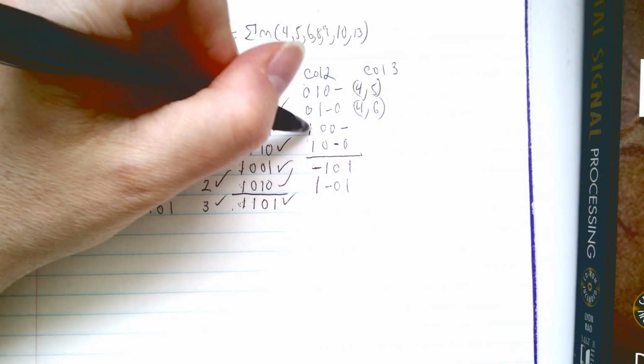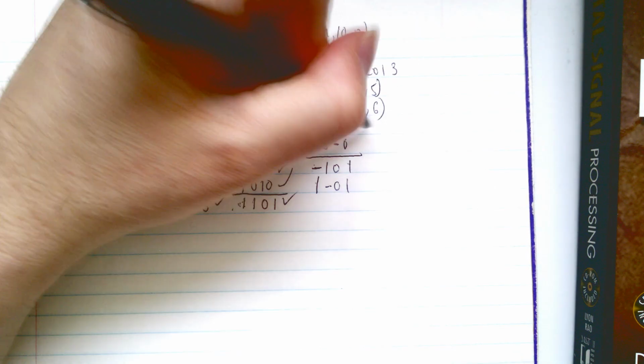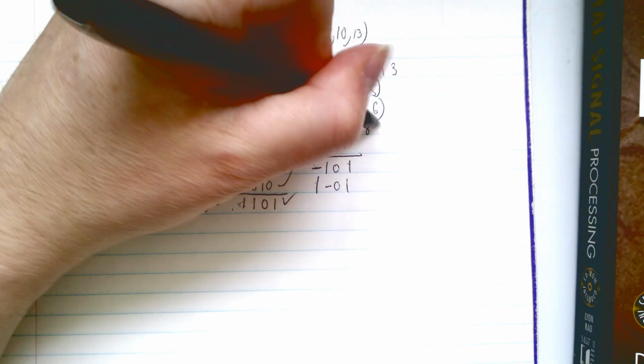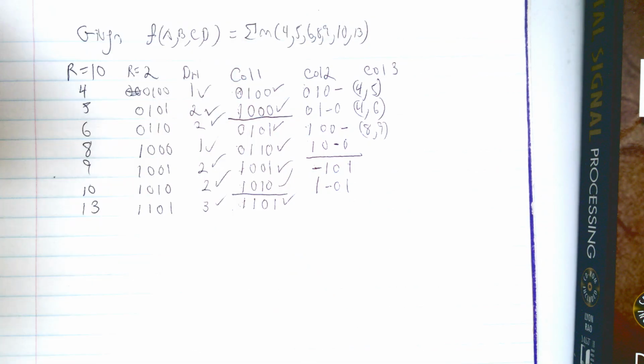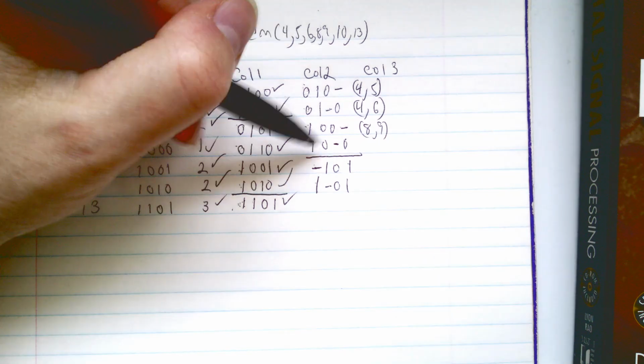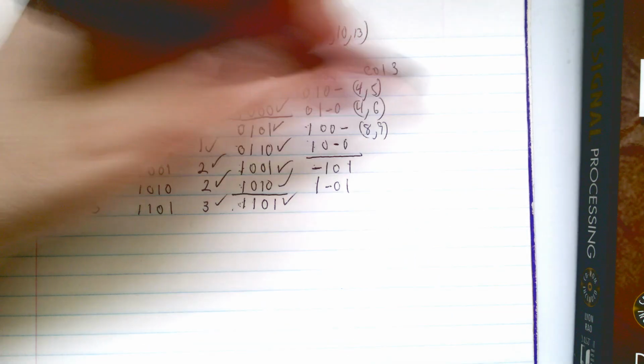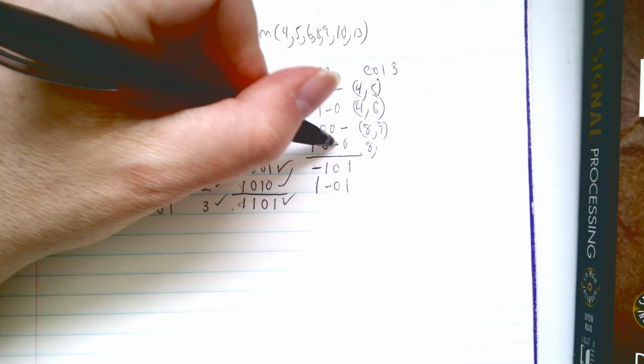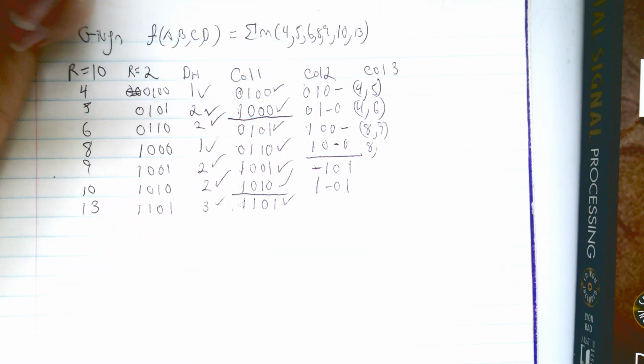We've got 1, 0, 0, 0, that would be 8. 1, 0, 0, 1, that would be 9. We've got 1, 0, 0, 0, that's 8. We've got 1, 0, 1, 0, and that would be 10.